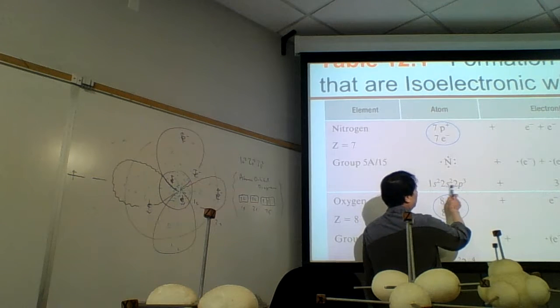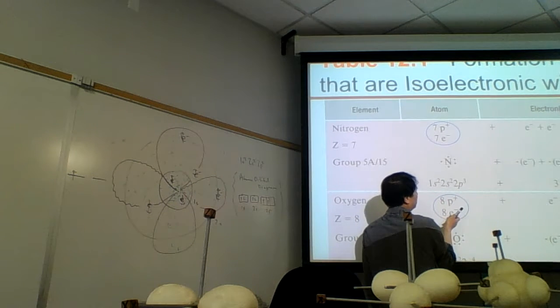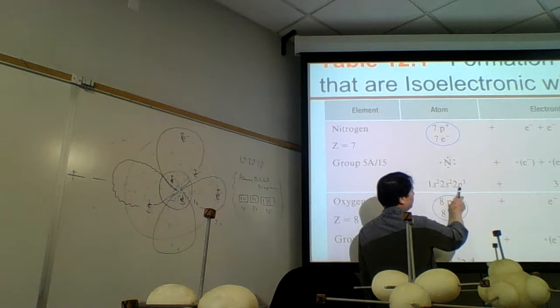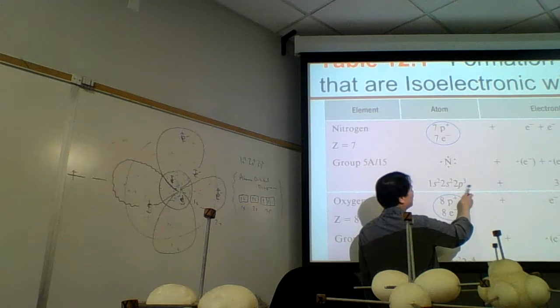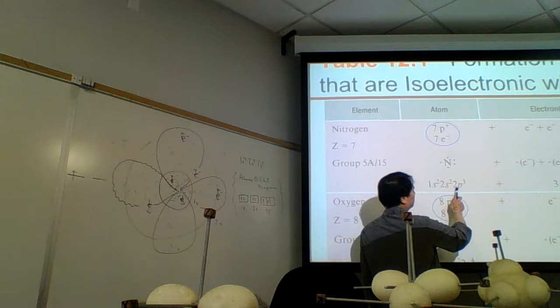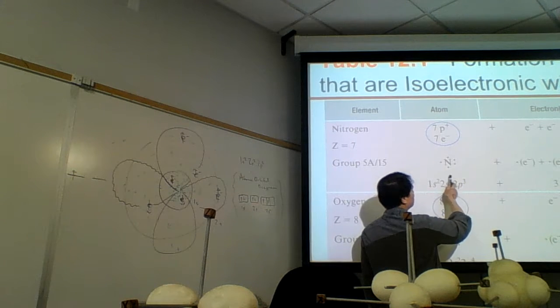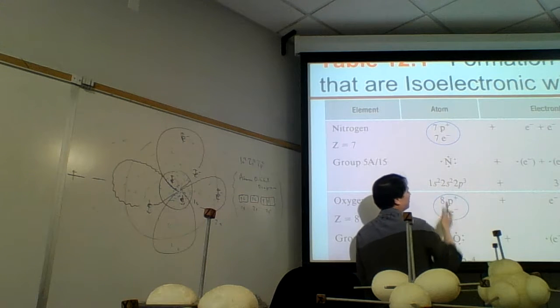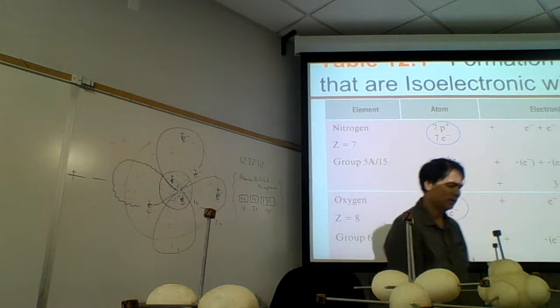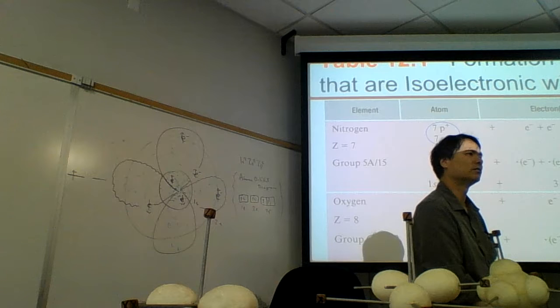Basically, what we're going to do is either get rid of the valence shell electrons or add some electrons to fill it. In this case, it'll be easier to add electrons than to get rid of electrons. If we get rid of them, how many electrons total do we have to get rid of? 5.